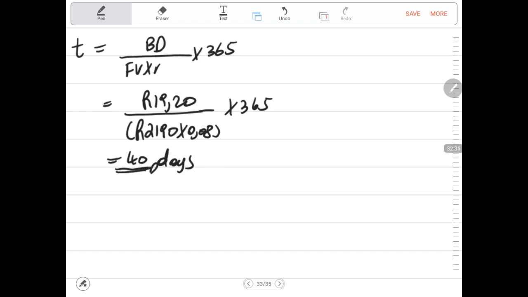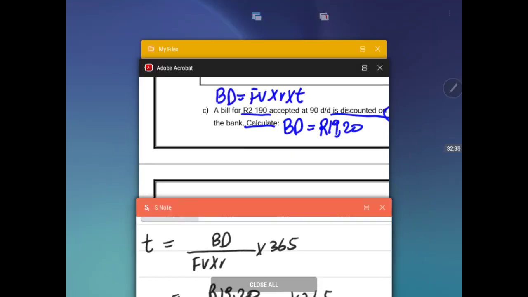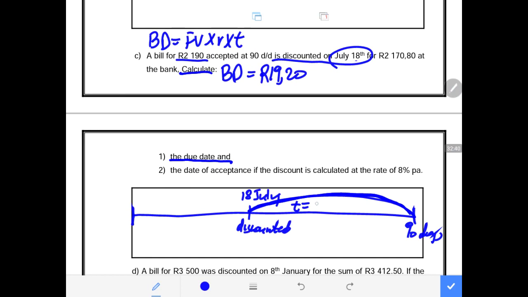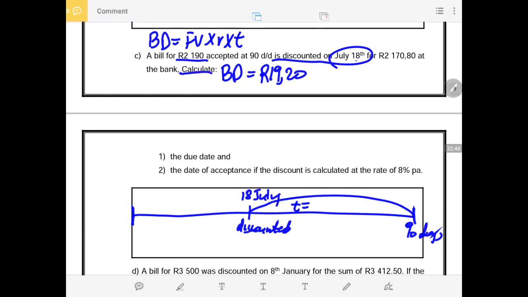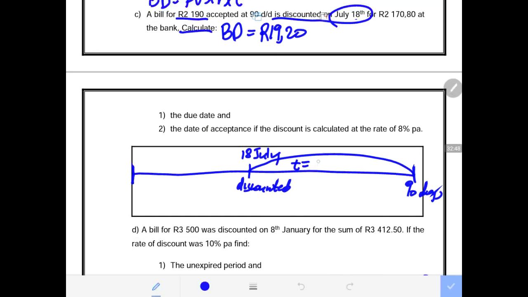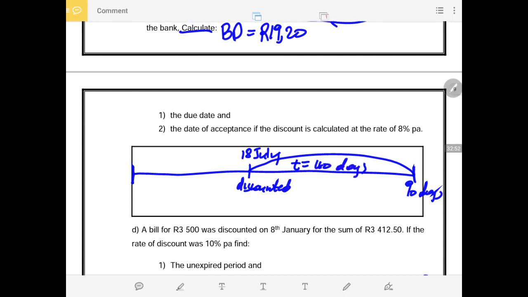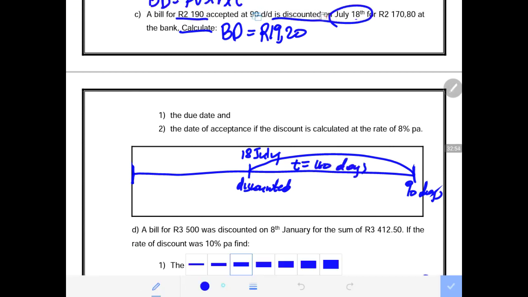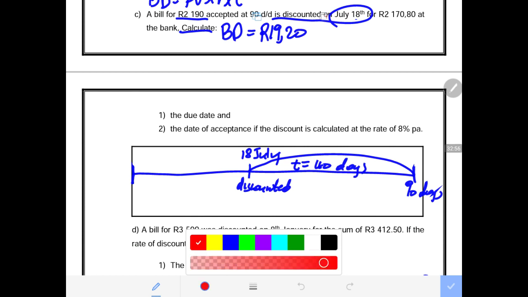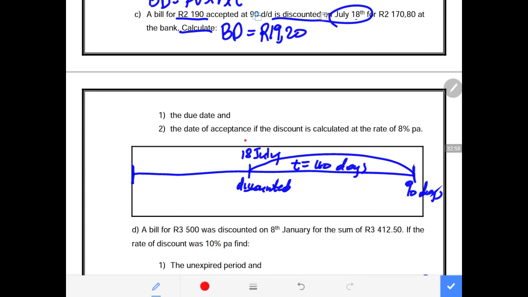Now, what does this 40 days mean? T is equal to 40 days. It means the period between the discount date, which is the 18th of July, up until the due date is 40 days.